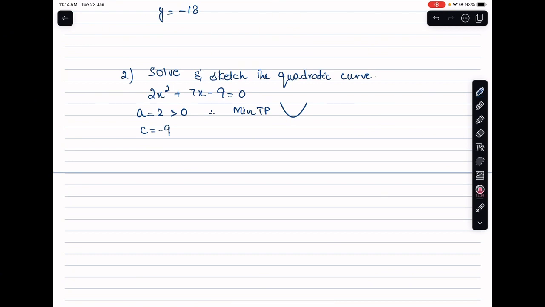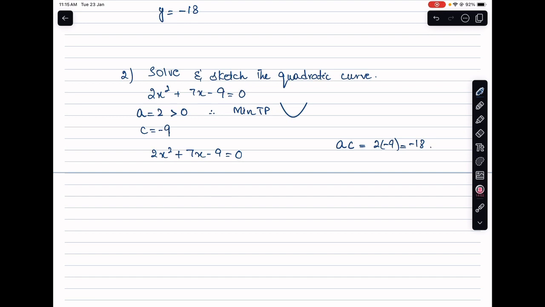Now, if I need to sketch it properly, I should have the x-intercepts. The x-intercepts, because now the given equation is equated to 0. So solving it by the method of factorization, it's 2x squared plus 7x minus 9 equals 0. I should get the product of a times c, which in this case is 2 times negative 9, giving me negative 18.